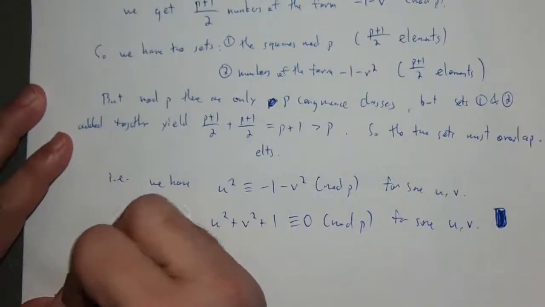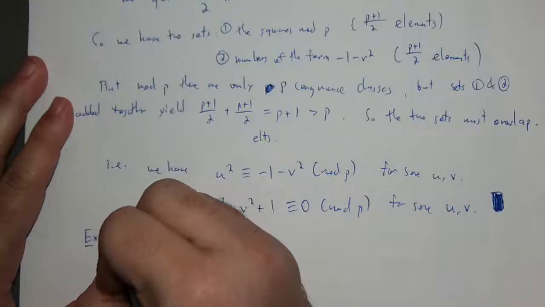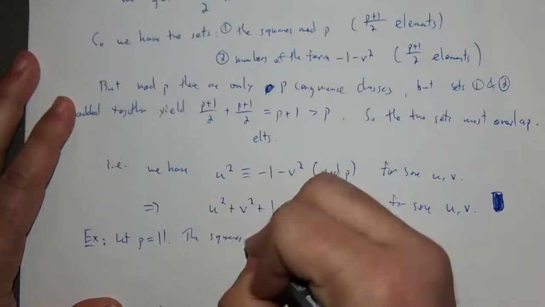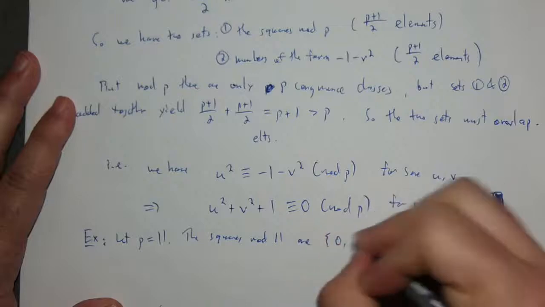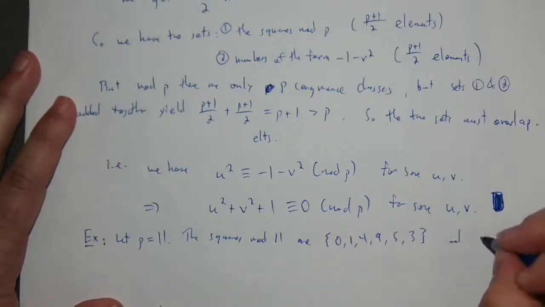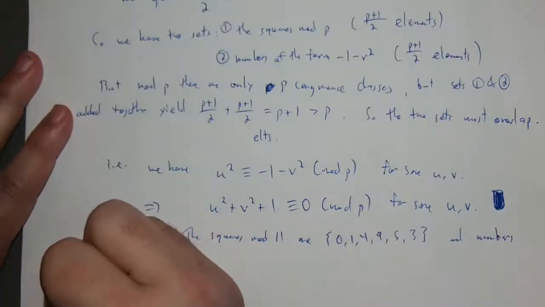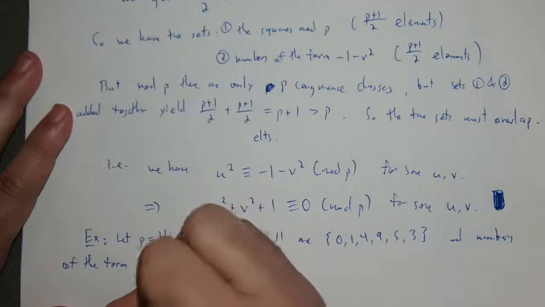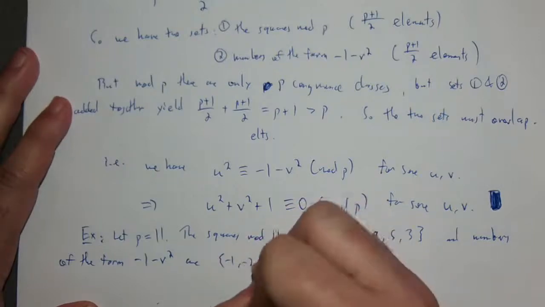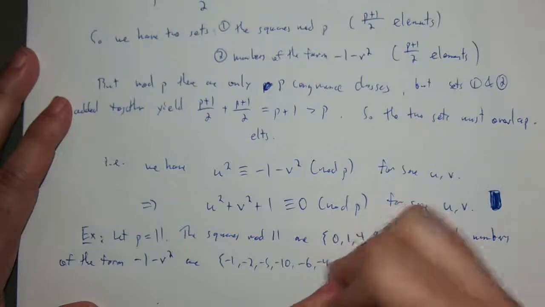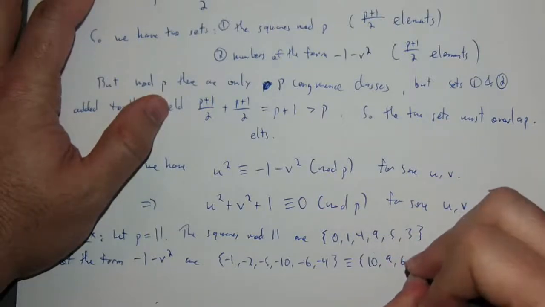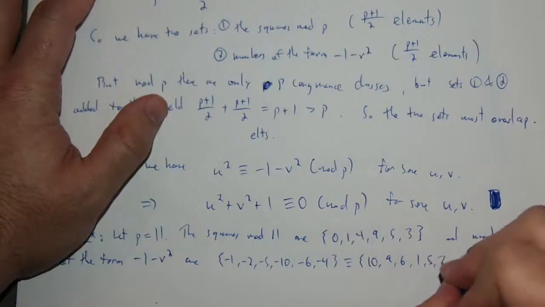So, a quick example. Let p be 11. Then the squares mod 11 are the set 0, 1, 4, 9, 5, 3, and numbers of the form minus 1 minus v squared are minus 1, minus 2, minus 5, minus 10, minus 6, minus 4, which are congruent to 10, 9, 6, 1, 5, 7 mod 11.